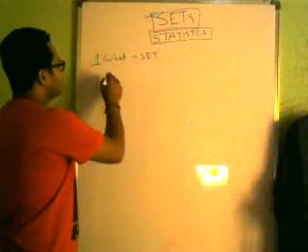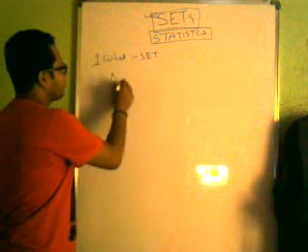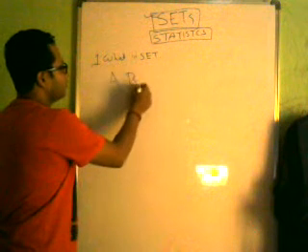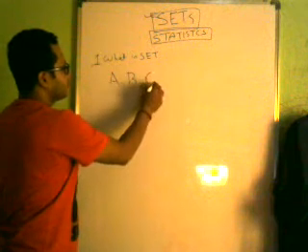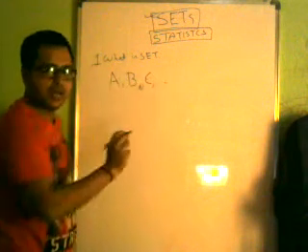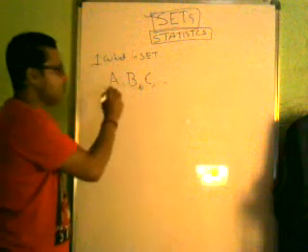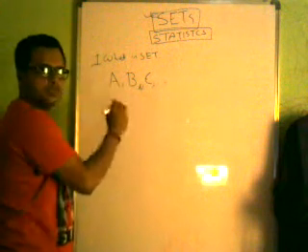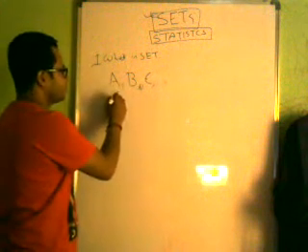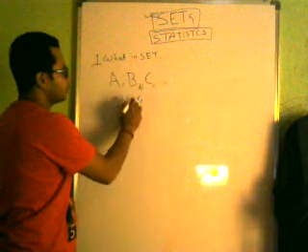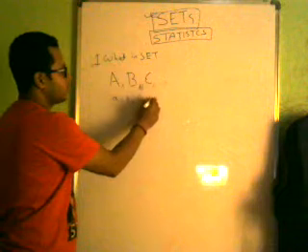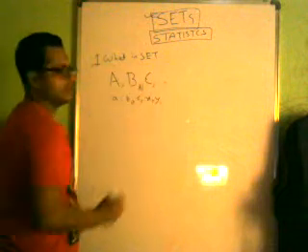So generally, a set is represented by capital letters, say A, B, or C, whatever. It must be capital, and the elements of the set will be represented in small letters, for say, small a, small b, small c, then small x, y.